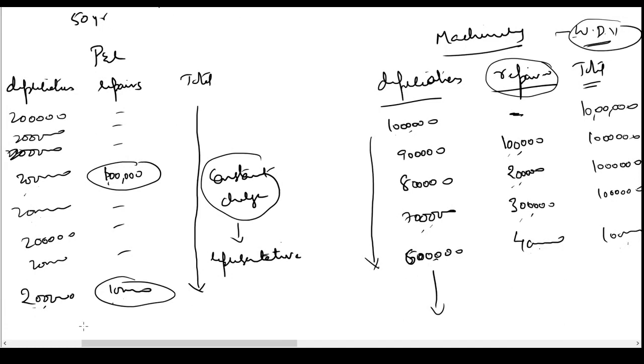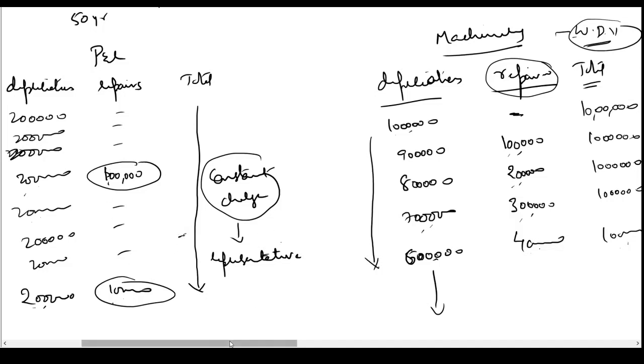So we said in the case of assets where usage does not have much impact on depreciation, where the value is lost due to efflux of time, not due to usage, and repairs are negligible, in such assets the SLM method is more suitable.